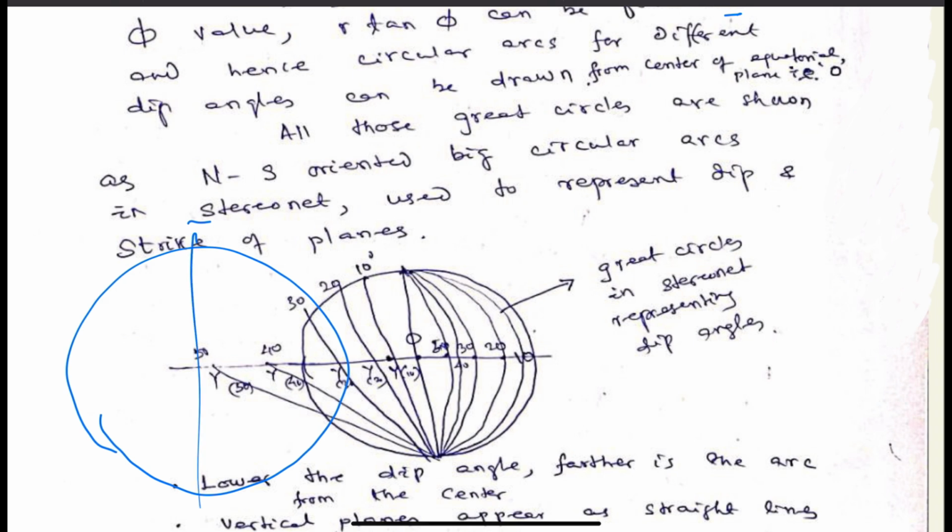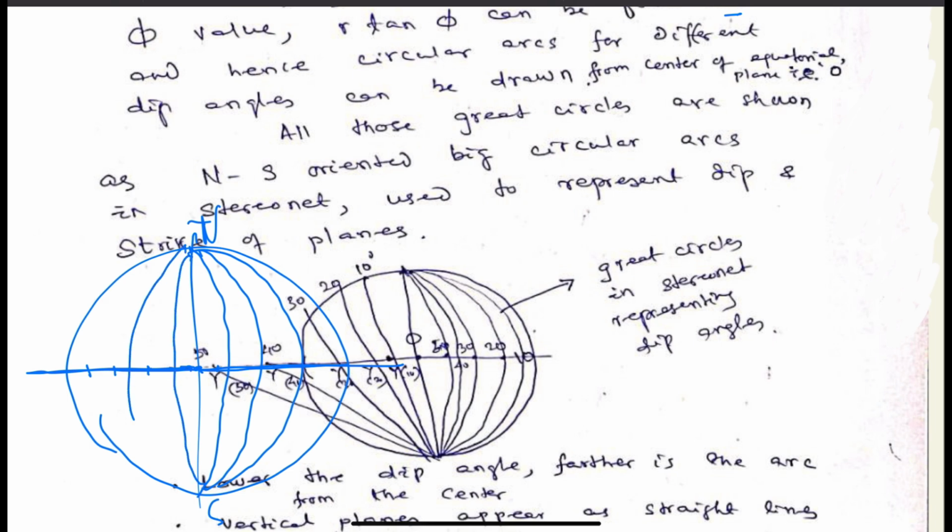So this is the north-south line, center. From the center we draw a horizontal line like this, the east-west line, and on it we plot OY and we get the circles, parts of the great circles like this. Similarly along this line we can get the circles like this. So these are the great circles which represent planes.